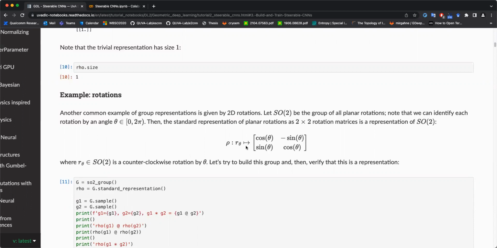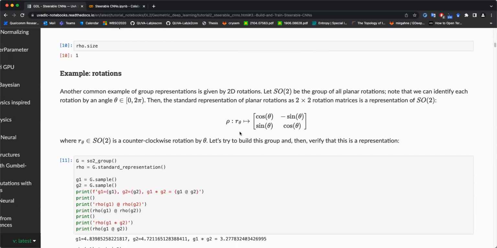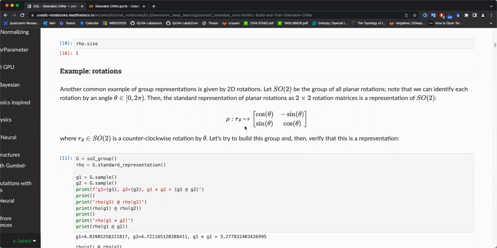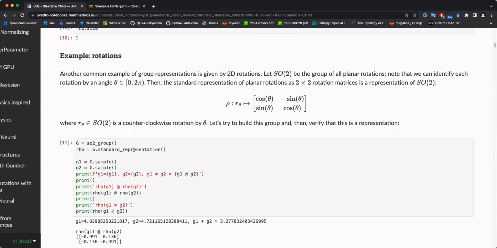So a rotation by theta times a rotation by alpha generates 2 matrices of this kind, which when we combine actually give us a rotation by theta plus alpha. That's the general idea, but we can verify this in practice. We call this the standard representation of the SO2 group, just to say that this is how the SO2 group is itself defined.